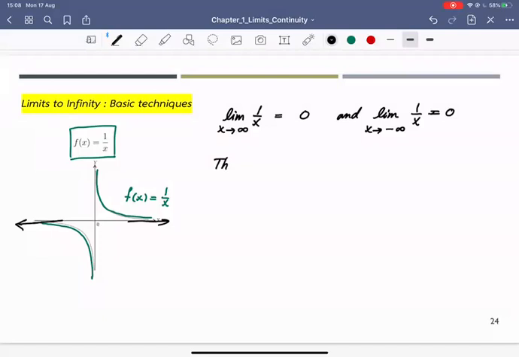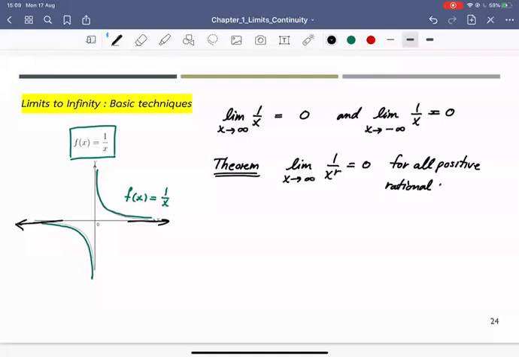And better than that, we have a theorem. It says that the limit of 1 over x to the r, where x goes to infinity, equals 0 as well, for all positive rational numbers r.